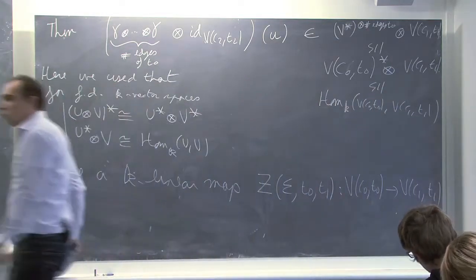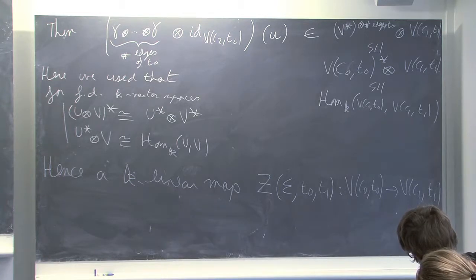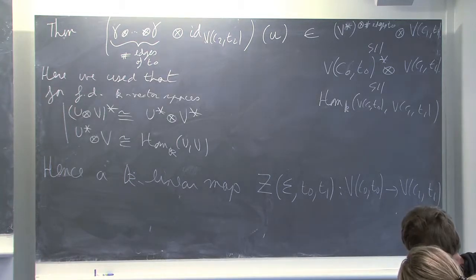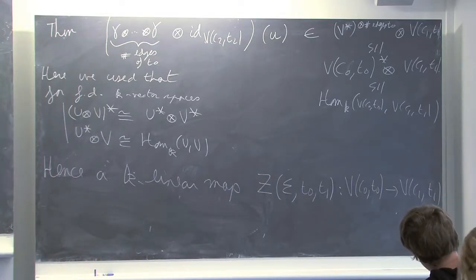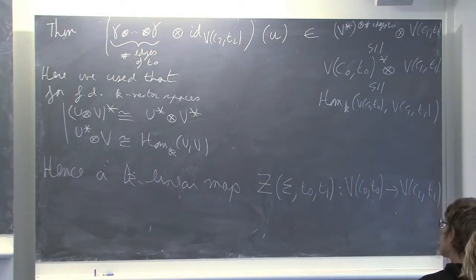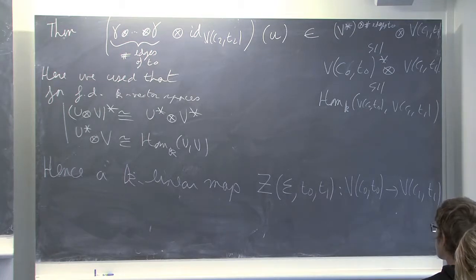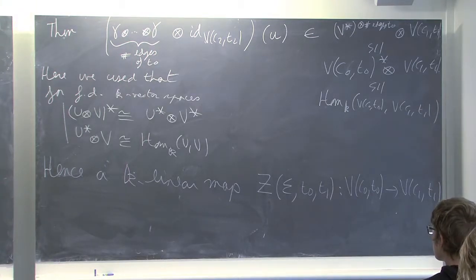Okay. So to any cobordism of dimension 2, we associate a K-linear map from the vector space associated to its incoming boundary to the vector space associated to its outgoing boundary. So let's see an example.